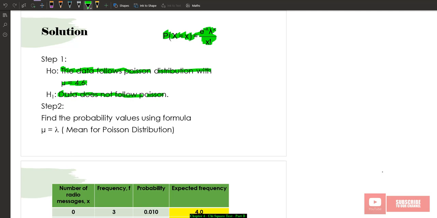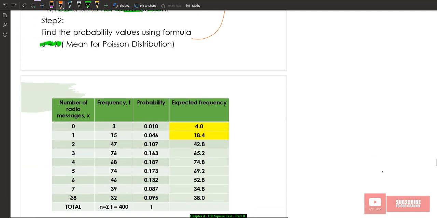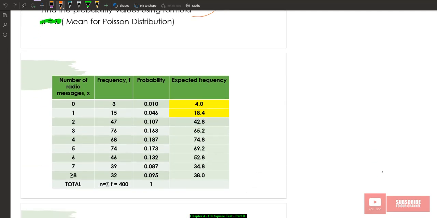Step number 2, we need to find the probability value by using the formula, with mean equal to mu. We are going to use this formula to find the probability value. And as usual, we're going to create a table. This is our number of classes, which is the number of radio messages, 0 until more than 8, and this is the observed frequency.